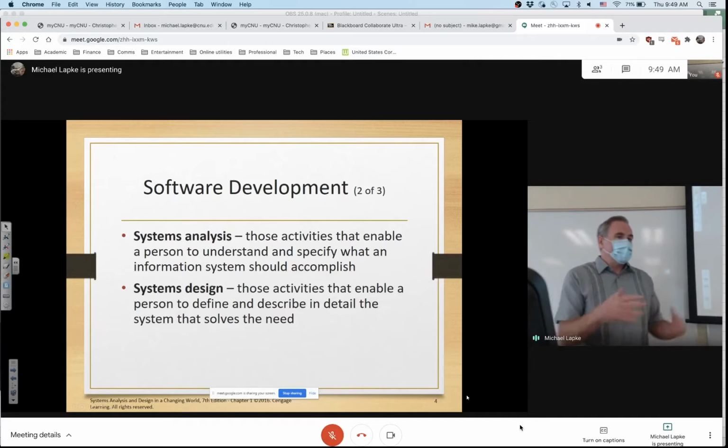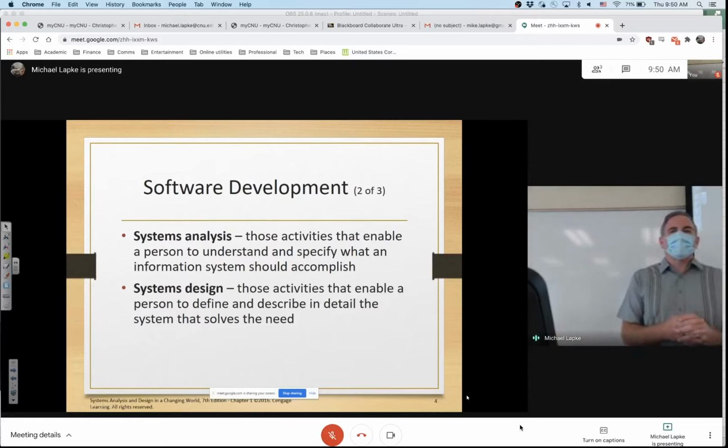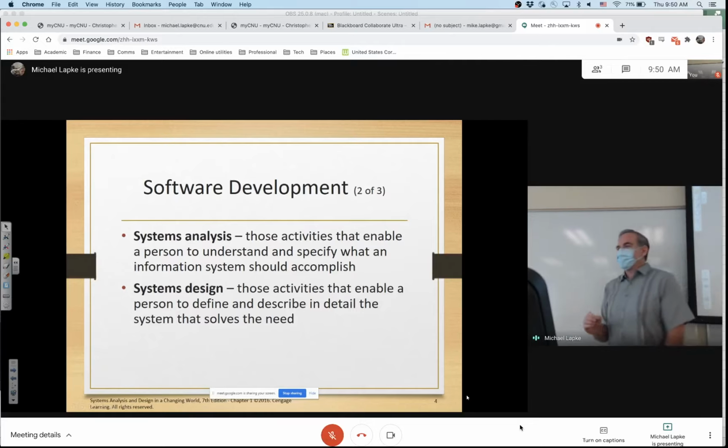Systems design. So once I have those requirements, I'm going to design a system around that. In the olden days, these were completely discrete steps that were codependent. You do not start systems design until your analysis is 100% complete.